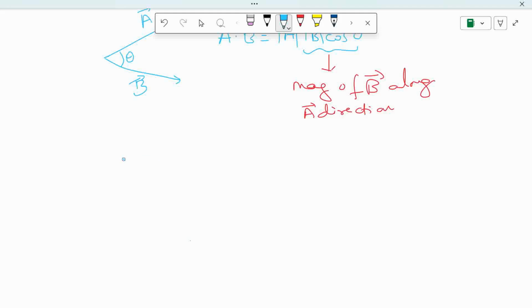So let's take an example like work done. To calculate work done, we do the dot product of force and displacement vector. So let's say we have a stone here and it is moved. Let's say this is the center of mass and this is the displacement vector.